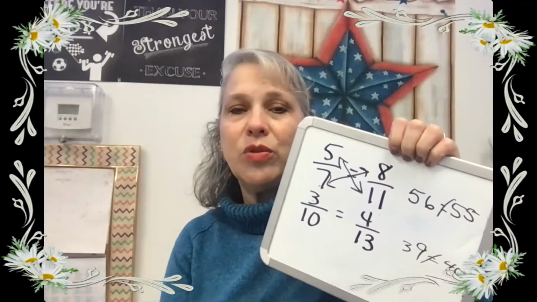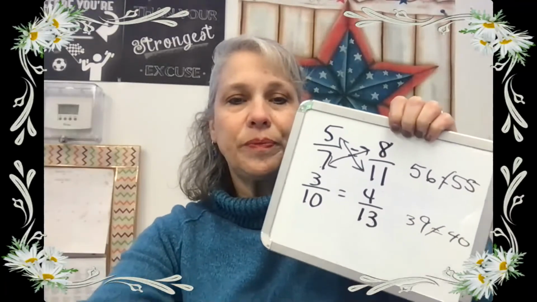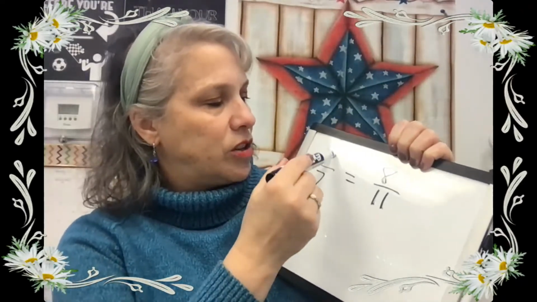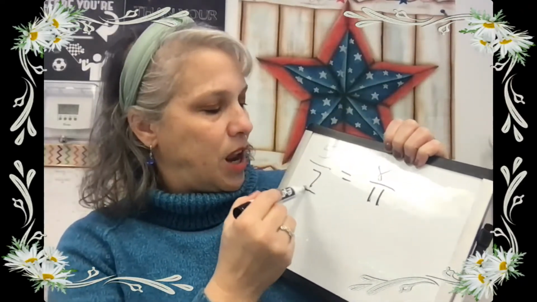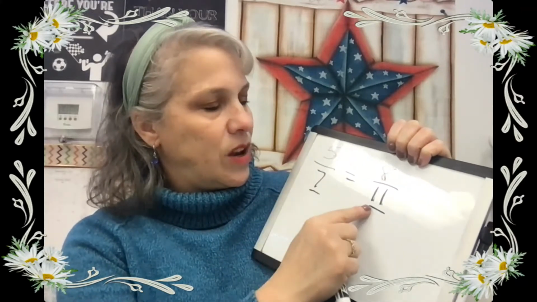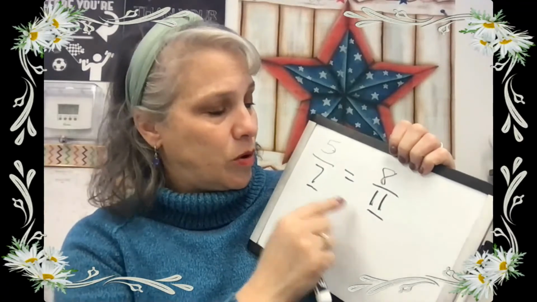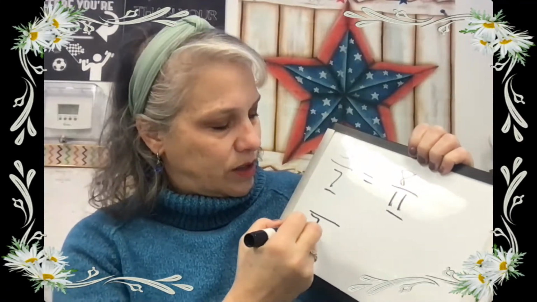Now, there's another method you could use for this. I'll just show you real quick. So if I had 5/7 equals 8/11, are they equivalent fractions? There's another way you can find that out, and you can make equivalent fractions with a common denominator. So let's see, 7 and 11, the least common multiple would be 77.